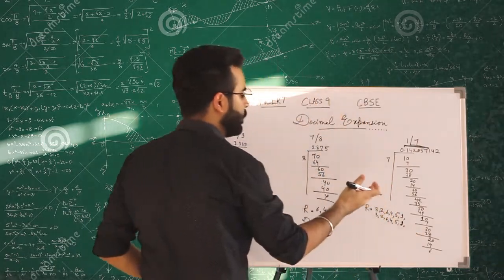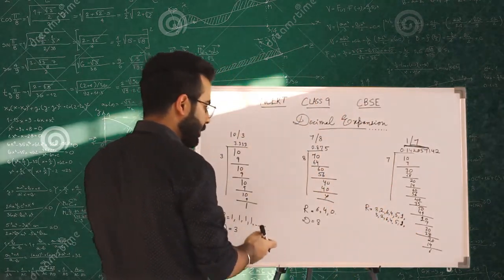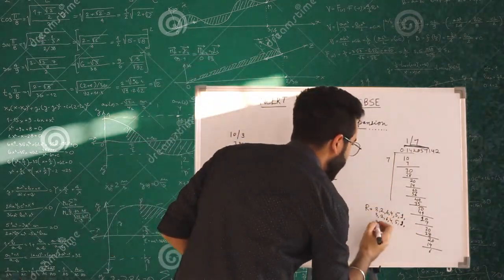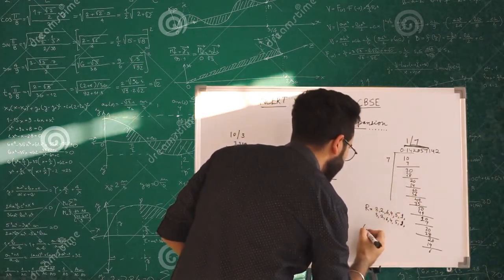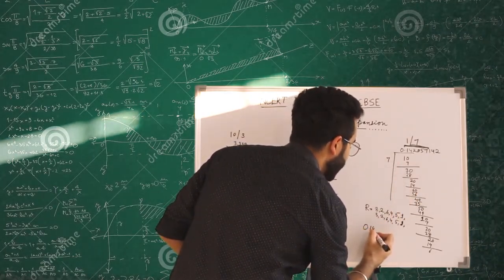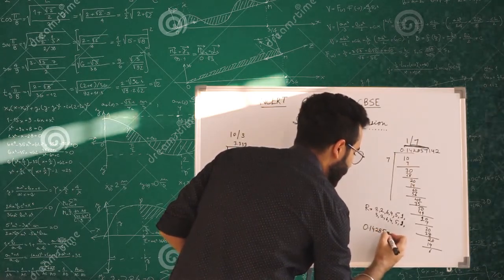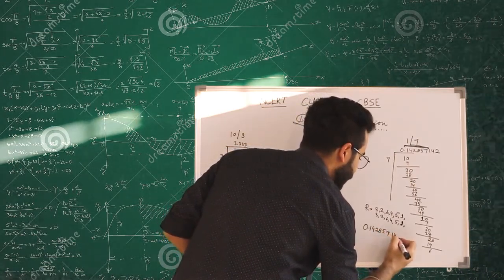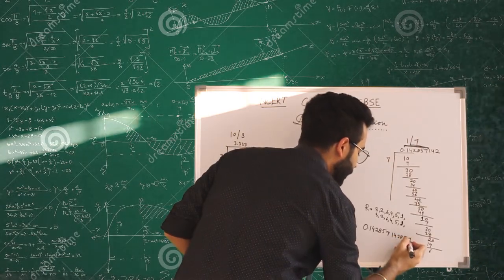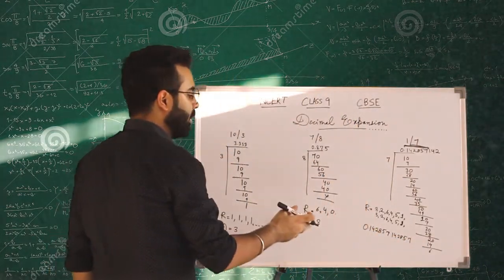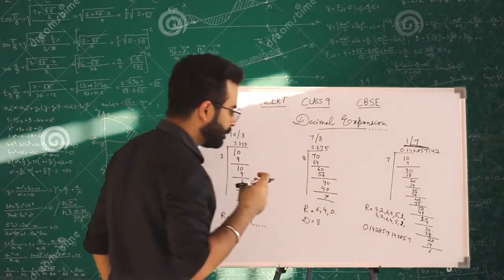That's because this is also non-terminating and recurring, just like this. And if you have to write the decimal representation of this, that will be 0.142857, and this will again keep repeating, 142857, because this is also a recurring and non-terminating decimal.